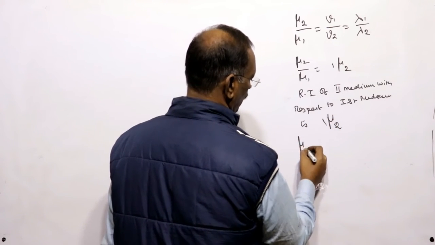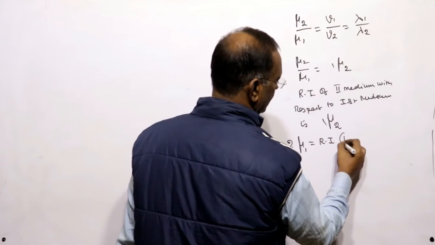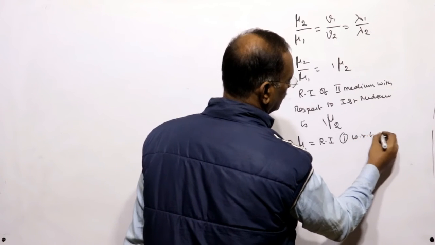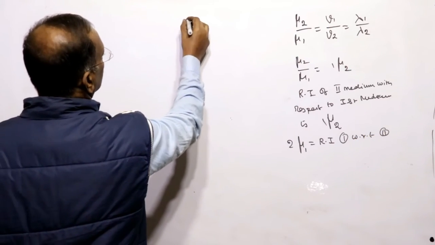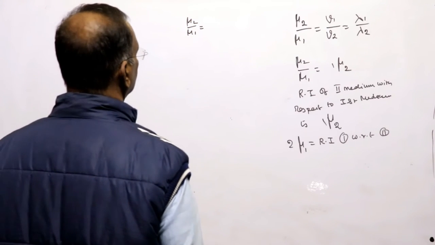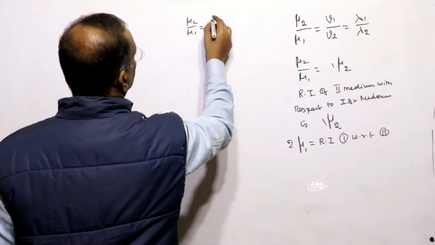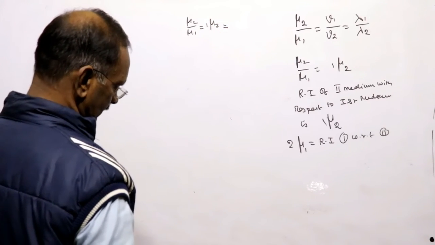If you write mu12, that is refractive index of first medium with respect to second medium. So therefore, mu2 by mu1 is equal to mu21.